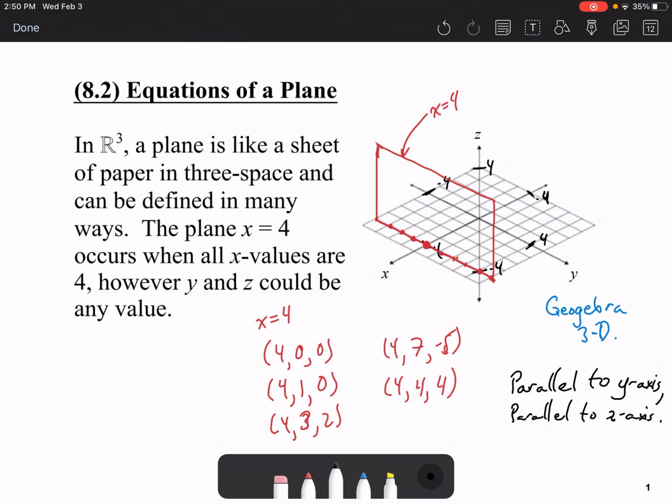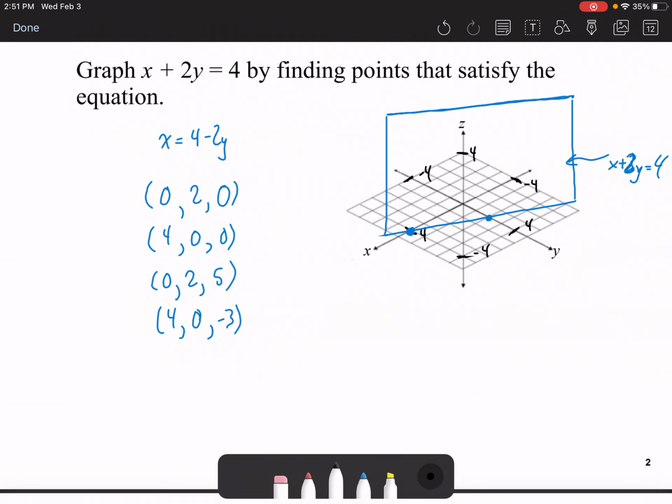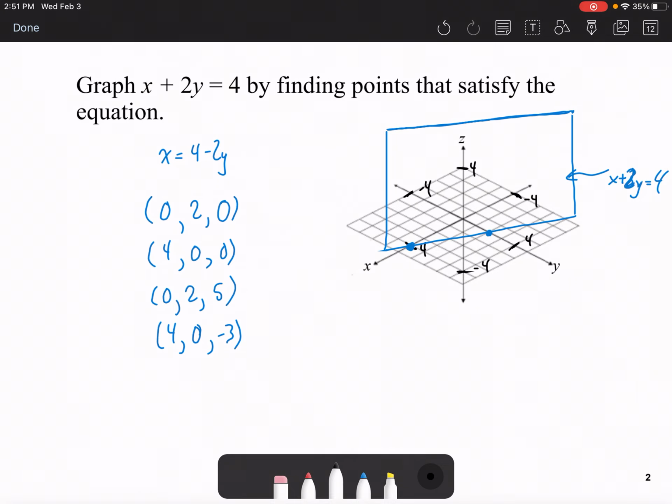Because it's parallel to two axes, it's also parallel to the y-z plane. So this is how you can describe it. Whereas looking at the second option, you can only see that this one is parallel to the z-axis.